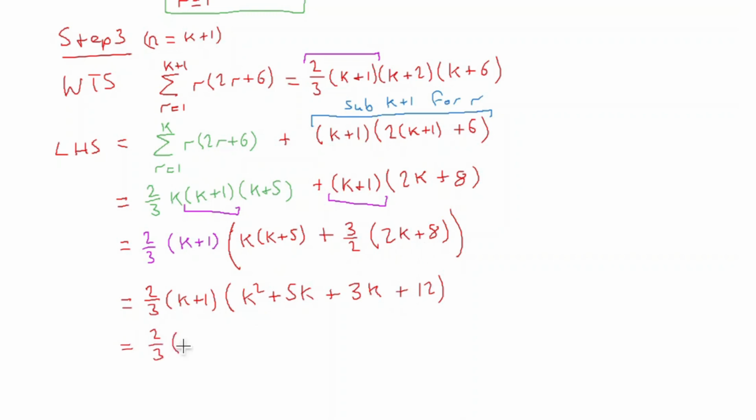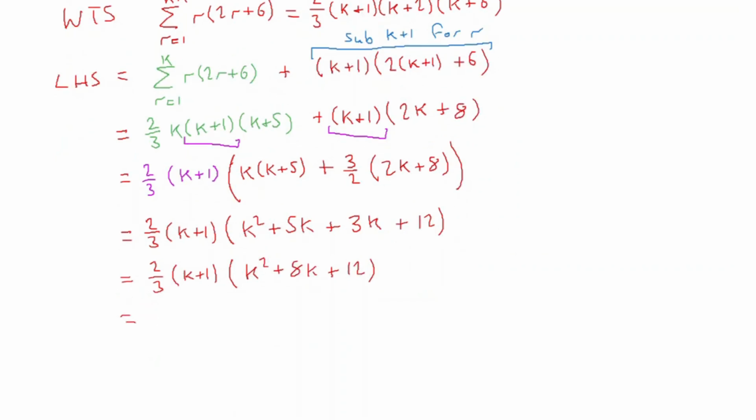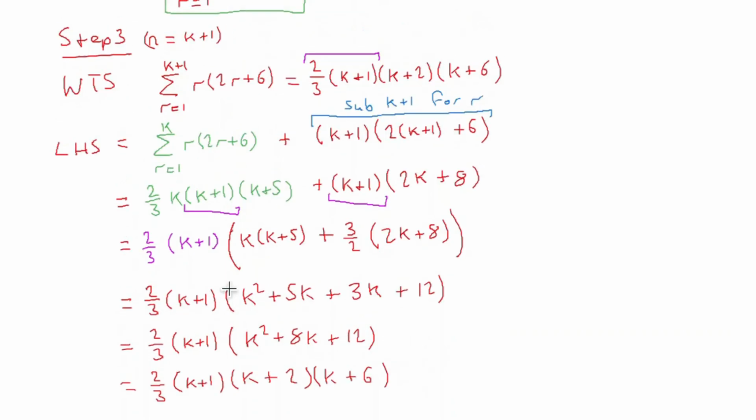So that's 2/3 k plus 1 times k squared plus 8k plus 12, which is a quadratic that I can factorize, which is 2/3 k plus 1 times, well, two brackets here, both beginning with k. They multiply to make 12 and add to make 8, so that's plus 2 and plus 6. And that, if we look back at what we wanted to show, is exactly what we wanted to show. So that is equal to the right-hand side.